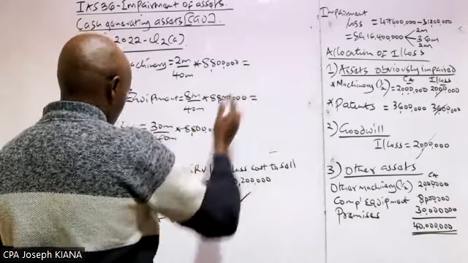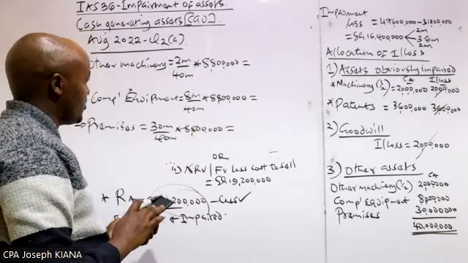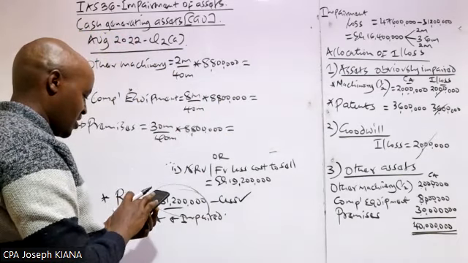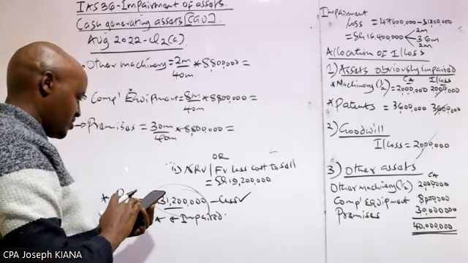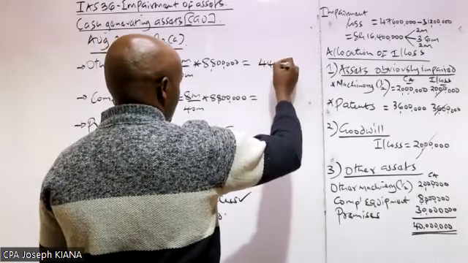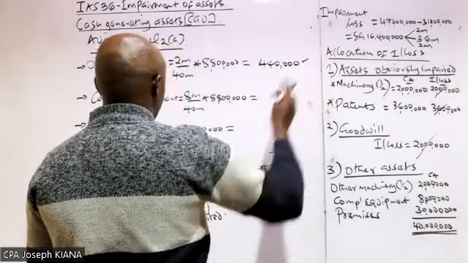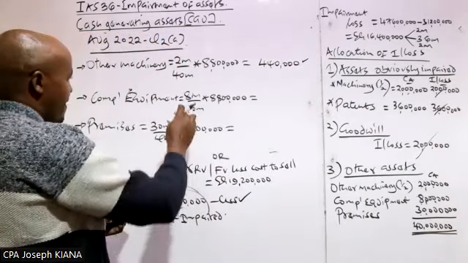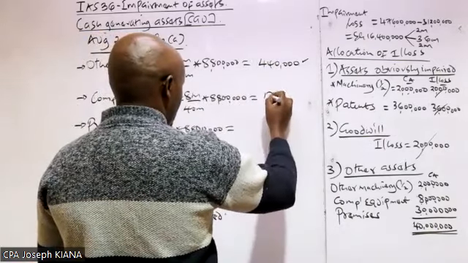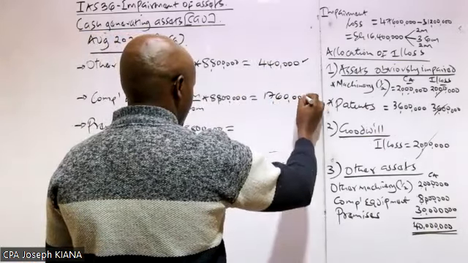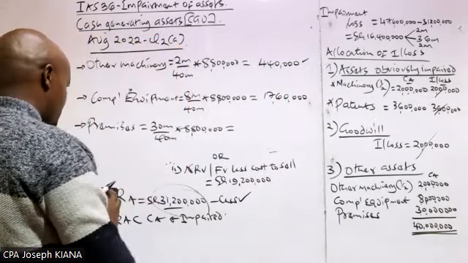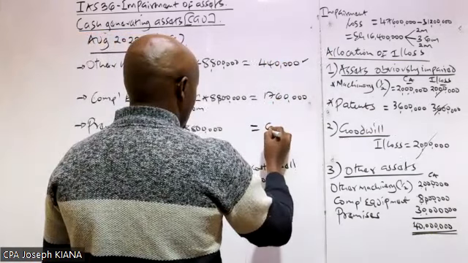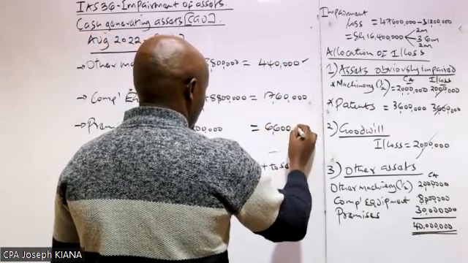So for the other machinery, we take 2 over 40 times 8.8 million, which gives us 440,000. For computer equipment, we take 8 million over 40 times 8.8, which gives us 1,760,000. And for premises, we have 30 million over 40 times 8.8, which gives us 6.6 million.